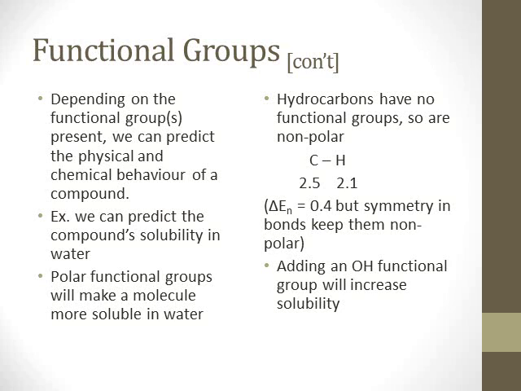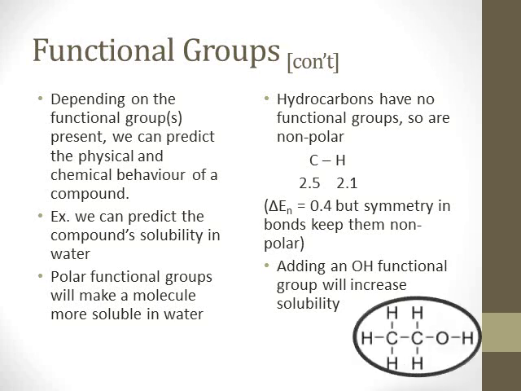And if we add this to our carbon-hydrogen background, then we add some solubility to that compound. So the example that's here is an alcohol. We can see the OH group at one end, and we've got CH2 in the middle and CH3 at the end. That's an example from our previous PowerPoint, and this is ethyl alcohol.